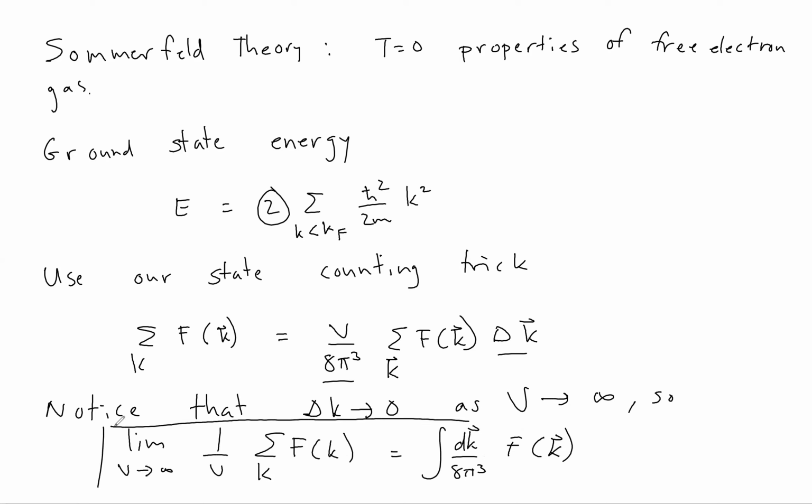So if you like, we've shown how using our state counting strategy, by using our knowledge of the volume per point in k space, we can easily compute quantities per unit volume as integrals of functions of k.